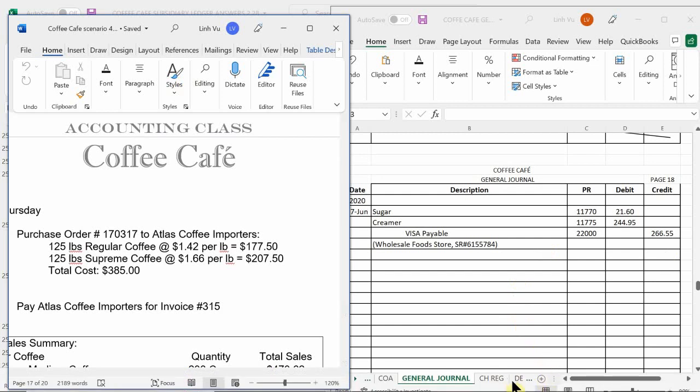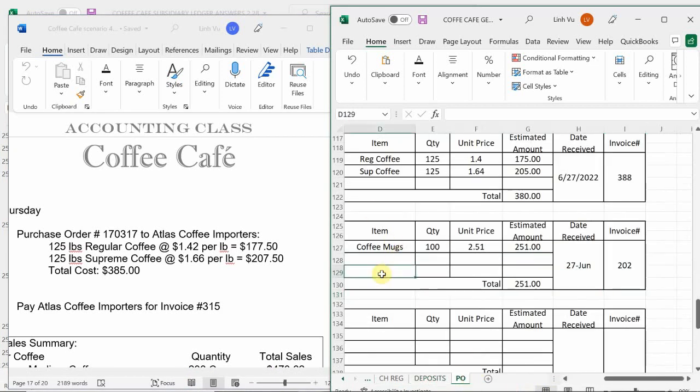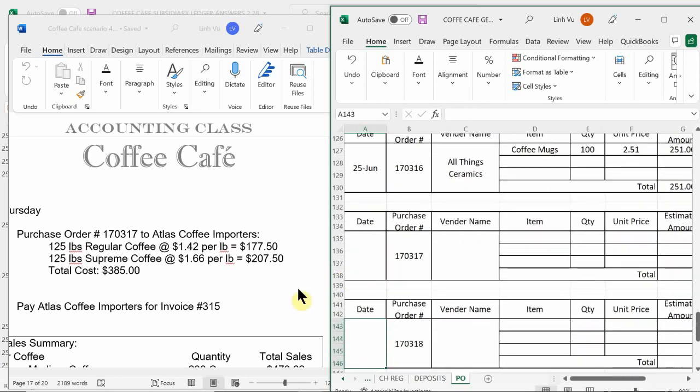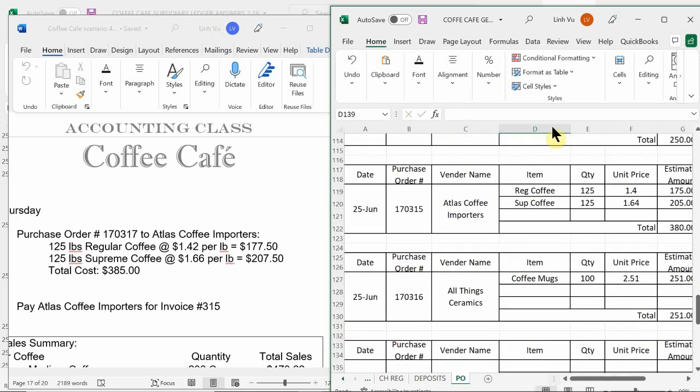So I actually have to put this in my purchase order, okay, right here for purchase order number 317. Today is the 27th. Who did we make the purchase order to? Atlas Coffee Importers. And we ordered more coffee.